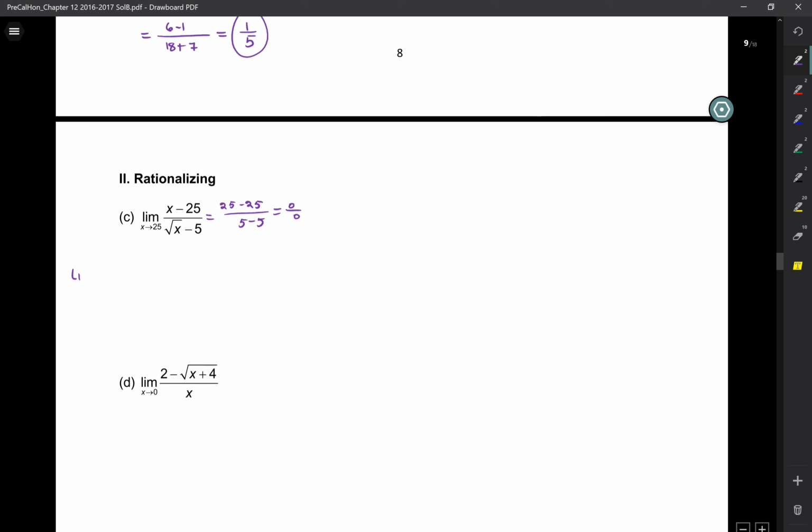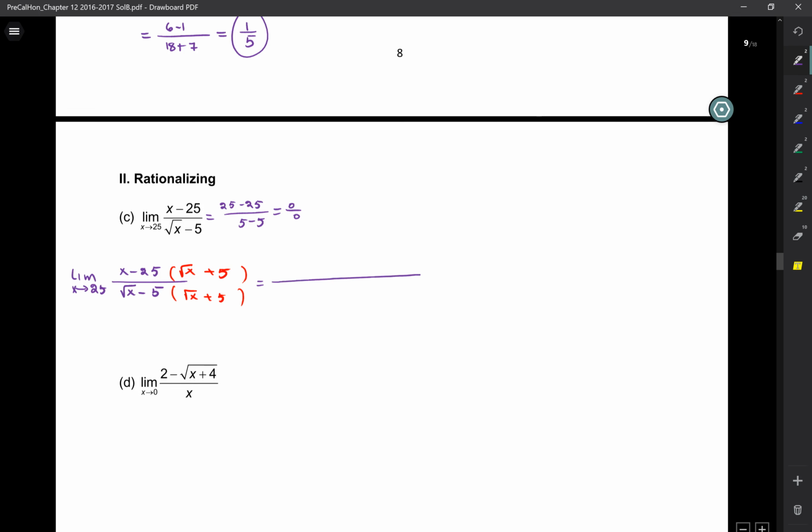So this is going to be the limit as x approaches 25 of x minus 25 over root x minus 5. Now I'm going to multiply top and bottom by the conjugate of whichever one has the root. So in this case, it's root x plus 5, root x plus 5.